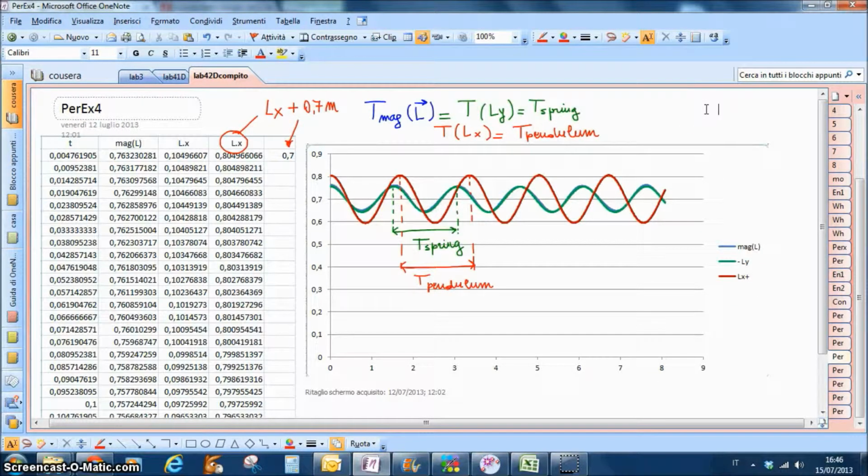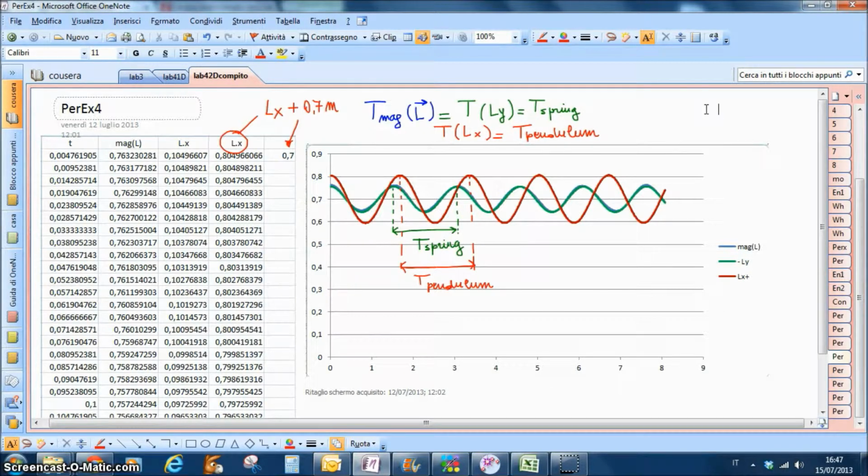I have plotted the magnitude of L, the y component and the x component of L versus time. We can notice that the period of the magnitude of L is equal to the period of Ly and represents the period of the spring's oscillation.